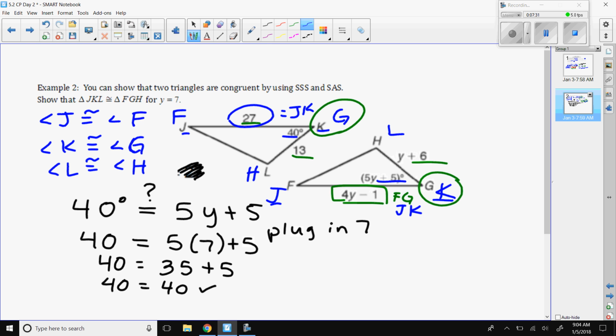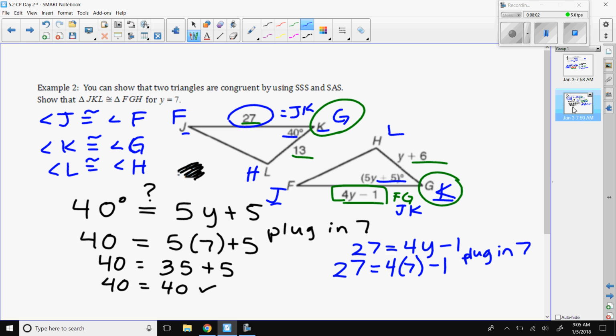So what I'm going to do is say that FG equals JK, and I have 27 equal to 4y minus 1. Again, I want to plug in 7.